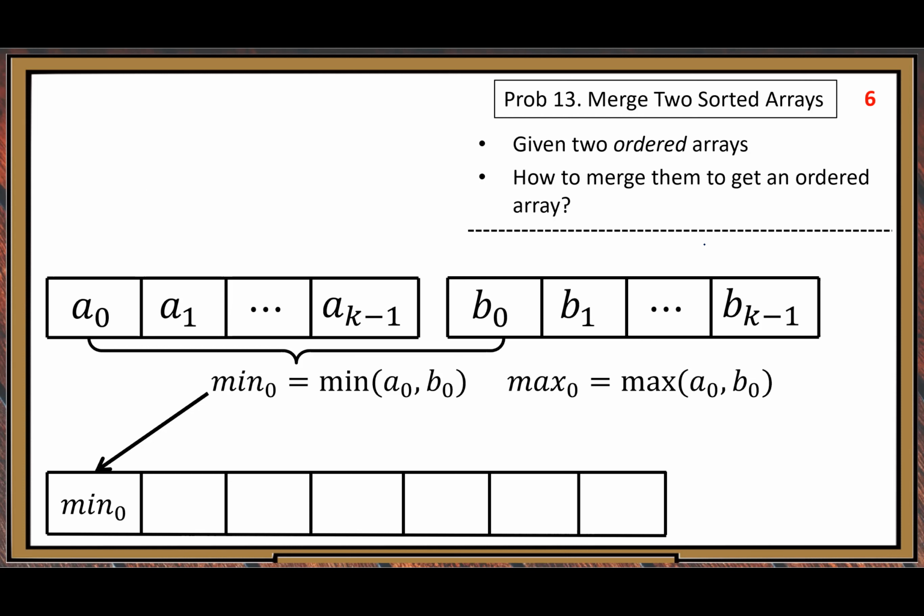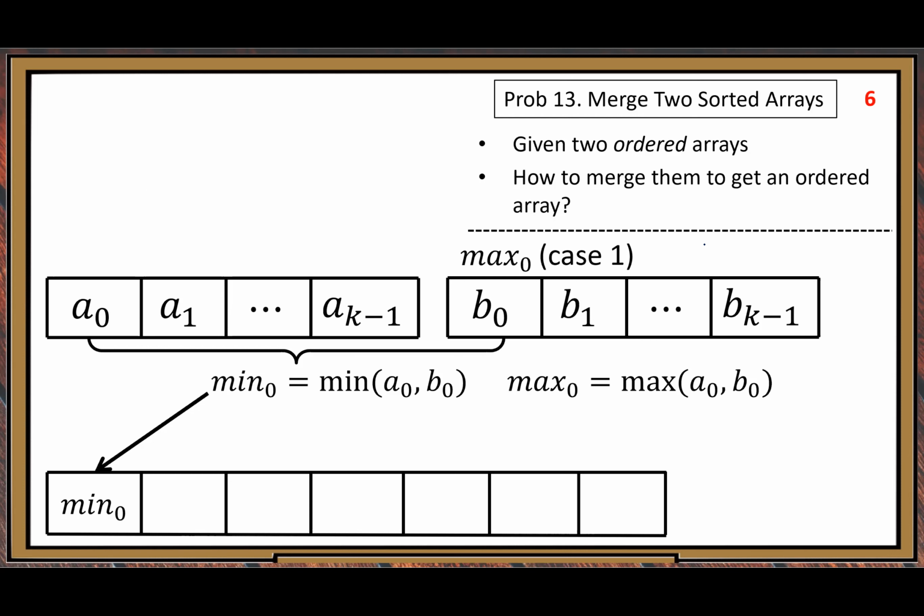All right, so what is the next one? Next is max 0. We do not know its position, so we need to do another comparison. Here, let's say B0 is that max 0.